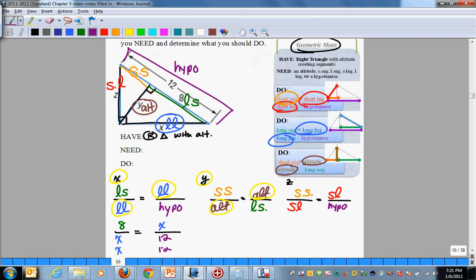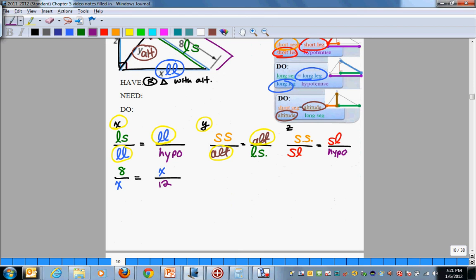We cross multiply. We're going to end up with X times X, which is X squared, equals 8 times 12. Of course, we square root both sides. I'm going to go ahead and factor and pull out my pairs. I know this is 2 times 4, and this is 3 times 4.